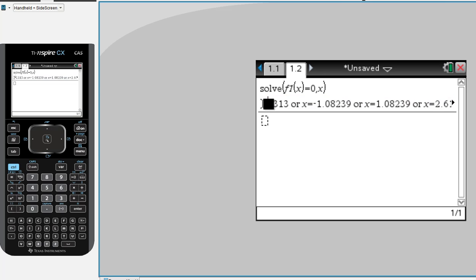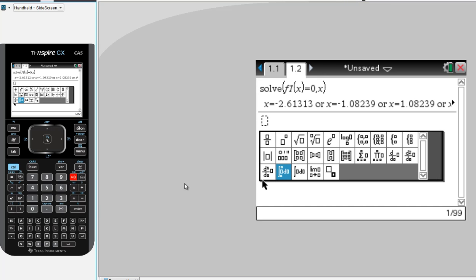Let's go to the left. So let's find the integral. Let's use this template button, it's quicker.